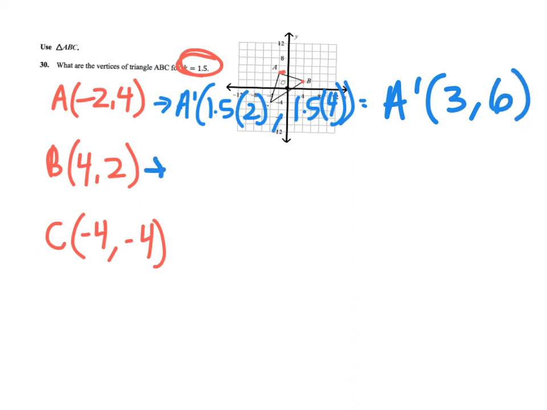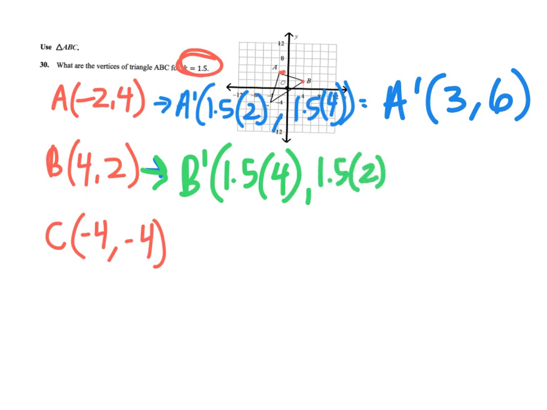For B prime, we're going to do the same thing. I do 1.5 times 4, and then 1.5 times 2. B prime is 1.5 times 4, which gives me 6, and 1.5 times 2 gives me 3.